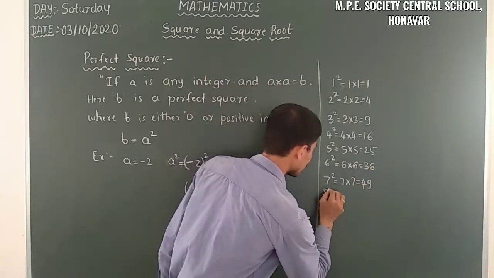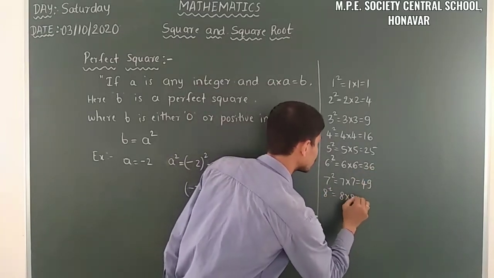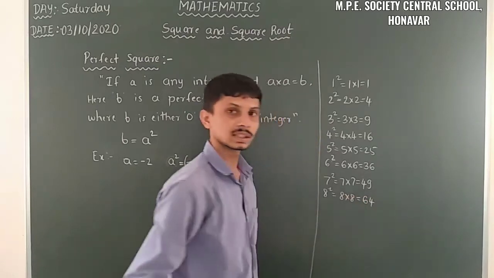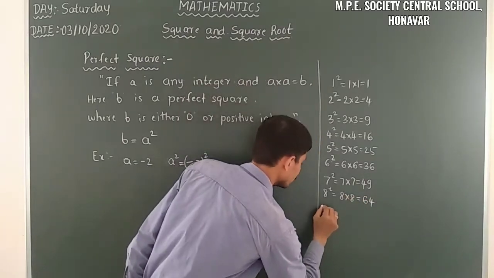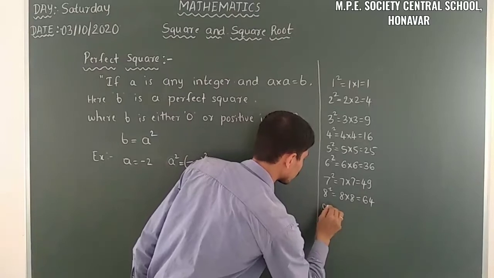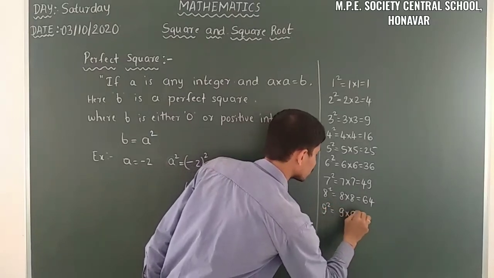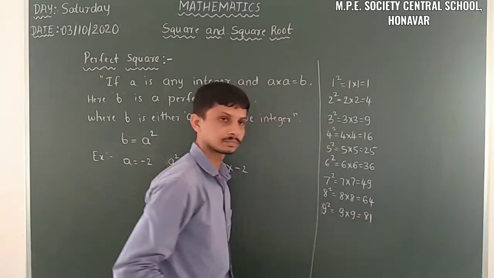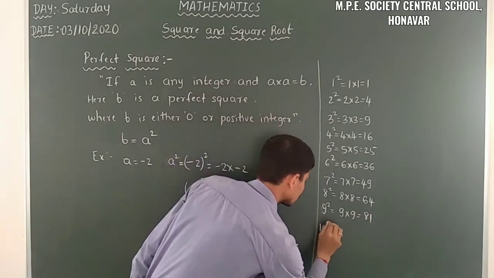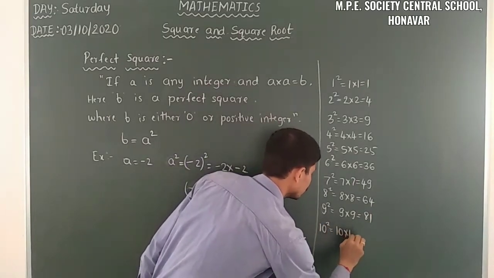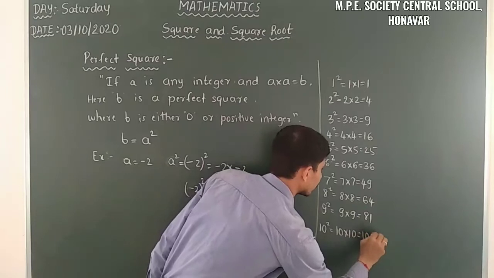Then 8 squared is equal to 8 into 8 is equal to 64. Then 9 squared is equal to 9 into 9 is equal to 81. Then 10 squared is equal to 10 into 10 is equal to 100.